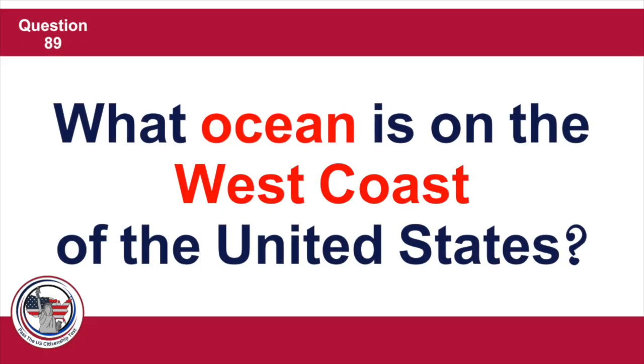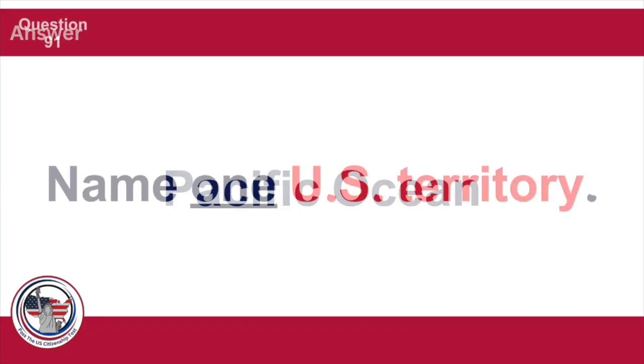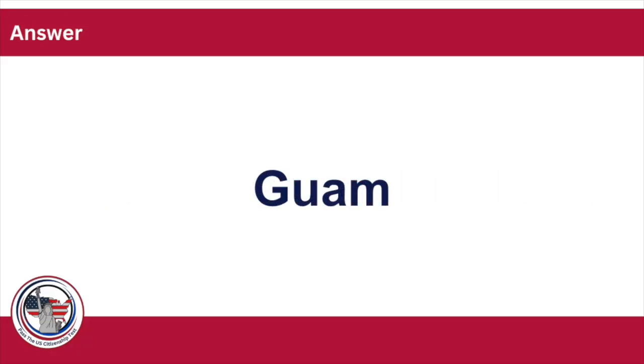What ocean is on the west coast of the United States? Pacific Ocean. Name one U.S. territory. Guam.